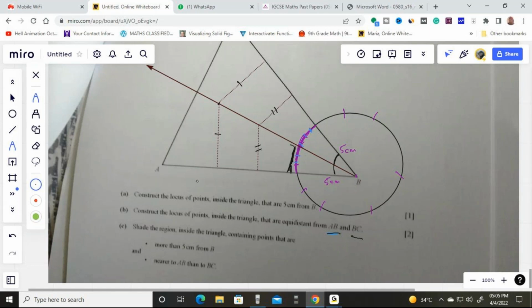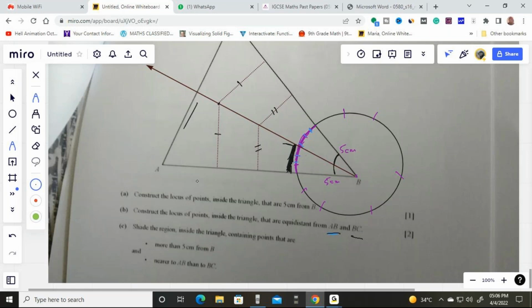More than 5 centimeters: I cannot include this pink arc because a point on the pink arc is exactly 5 centimeters from B, so I can't take this. So take the shaded region a little behind this arc, and a little below this angle bisector.